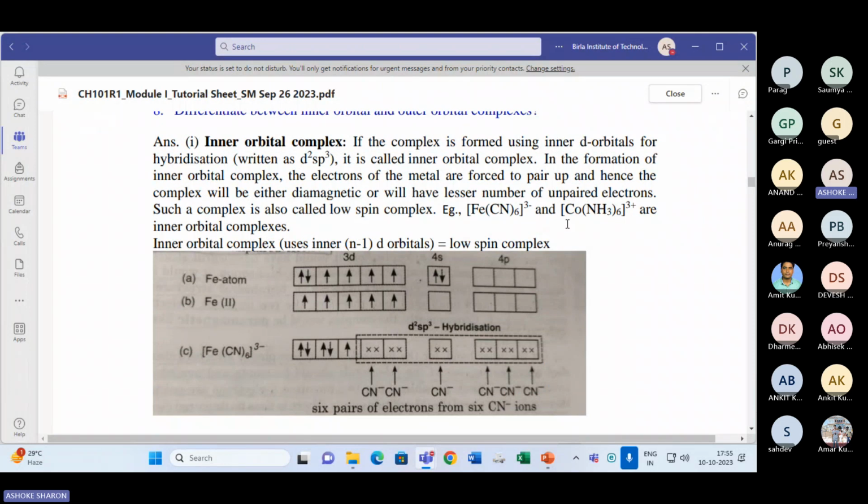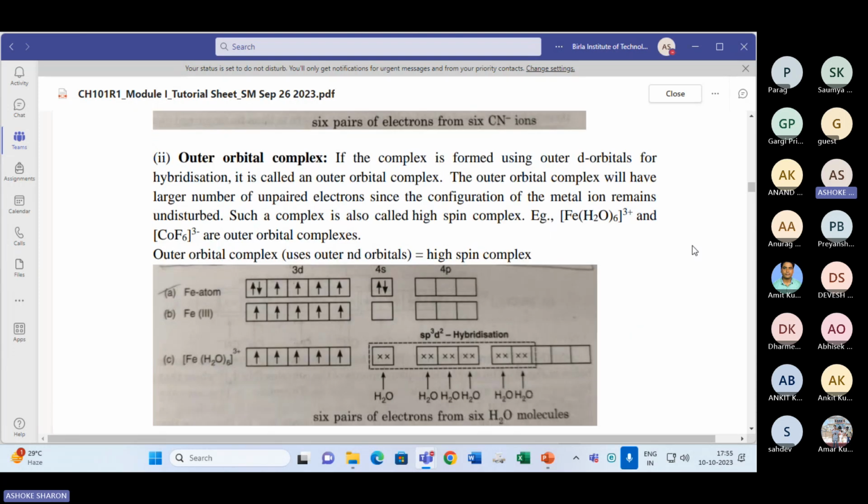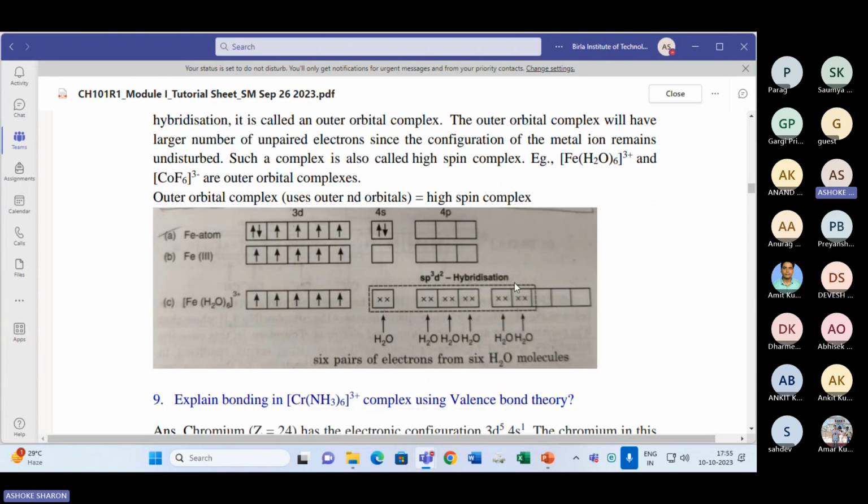When the ligand is a high field or strong field ligand, the inner d orbitals participate, so it is an inner orbital complex. When the ligand is a weak field like water, the outer d orbitals participate, so it is an outer orbital complex.